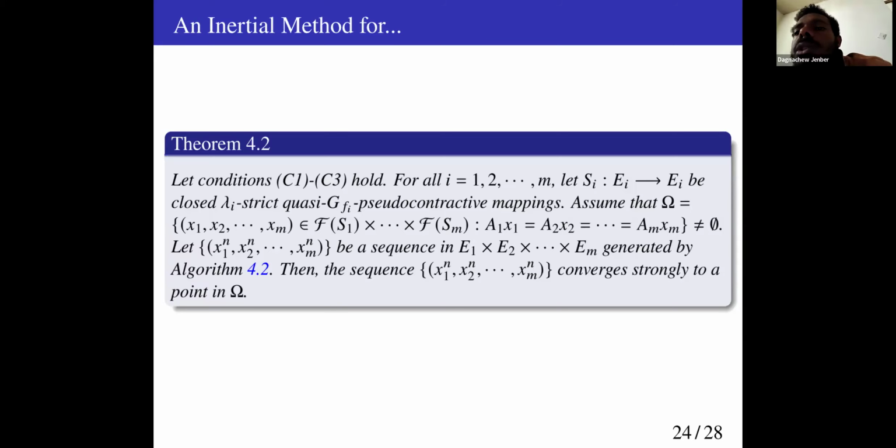Then we showed that this sequence converges strongly to a point in omega.